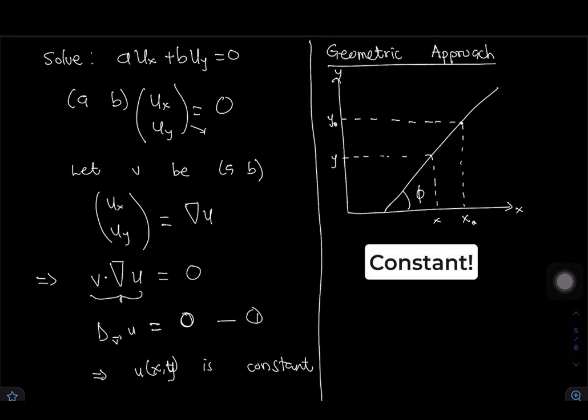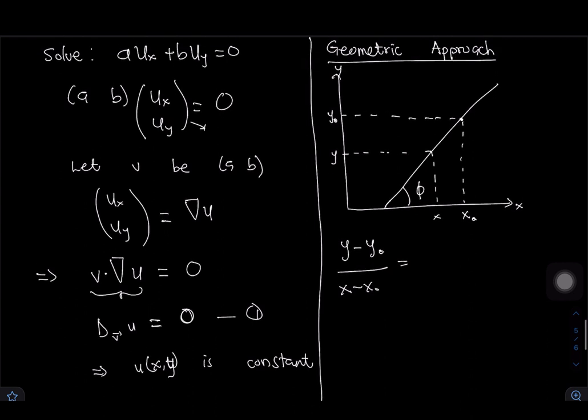So we expect that (y minus y0) divided by (x minus x0) is equal to b divided by a, because (a, b) is this vector, and the gradient of that should always be equal to that.